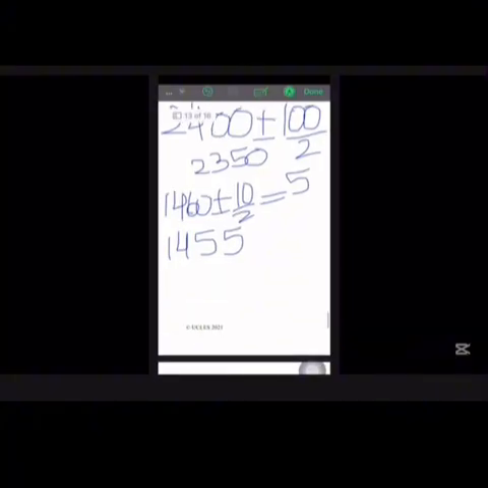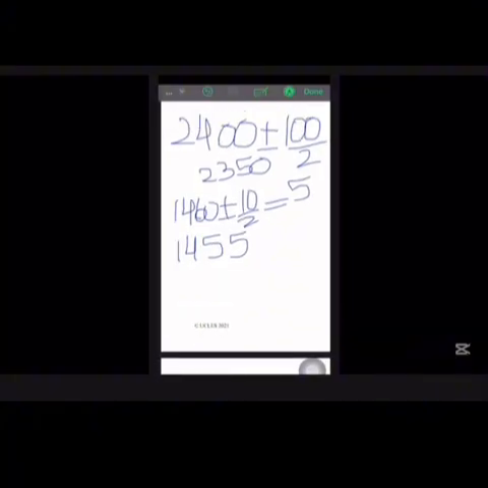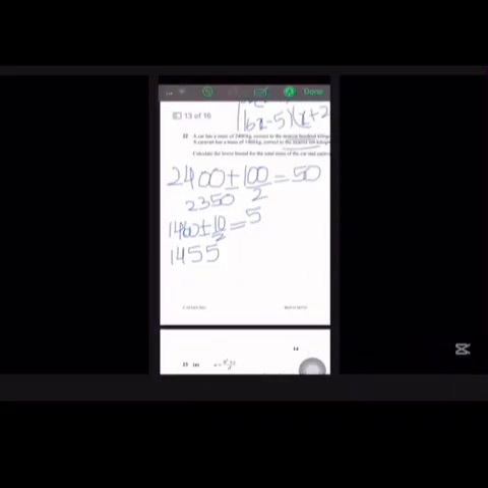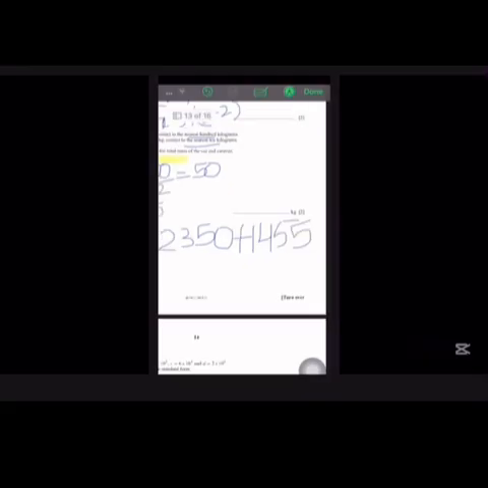It will be 1455. And then we are going to add both the lower bounds here, because we have to find the total mass. So it will be 2350 plus 1455. So what is the answer? It will be 3805.